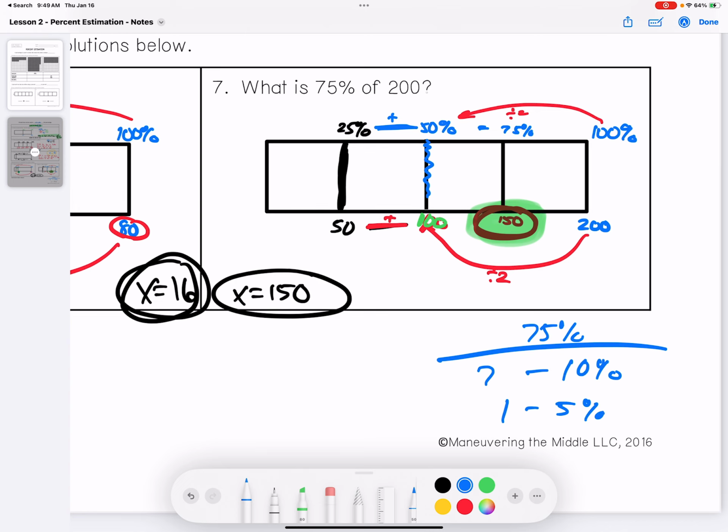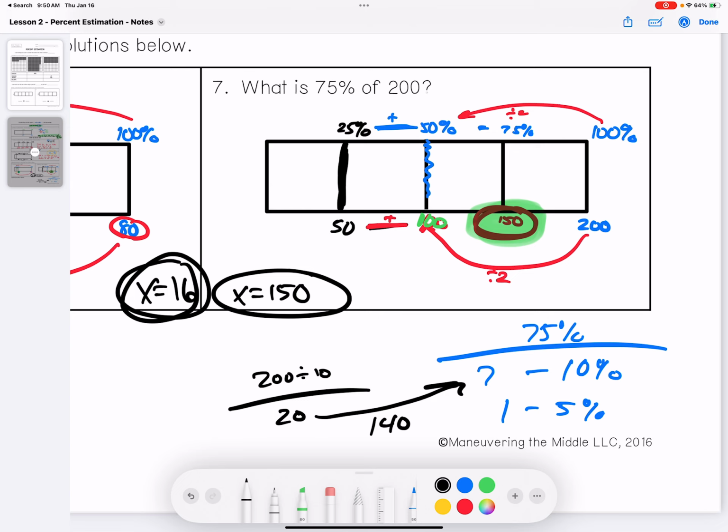If you add 7 10%s and one 5%, you get 75%. I can do 10% of 200 in my head because I just need to divide by 10. So 200 divided by 10 is 20. That is 10%. Now I can multiply that times 7 and I get 140.